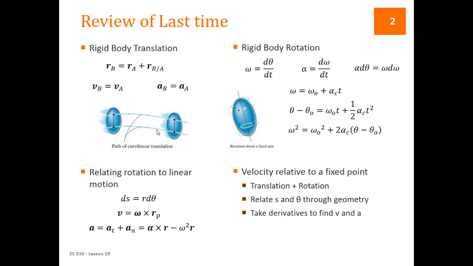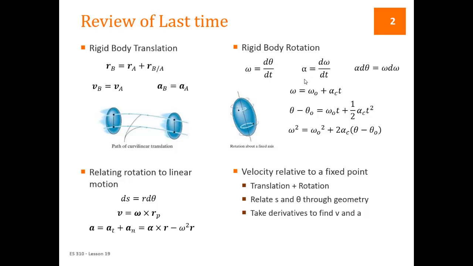A general translation has any line staying in the same orientation but moving along a curve or a straight line. In rotation, we have a series of new variables. We have omega, which corresponds to rotational speed. We have theta, which corresponds to rotational position or angle.